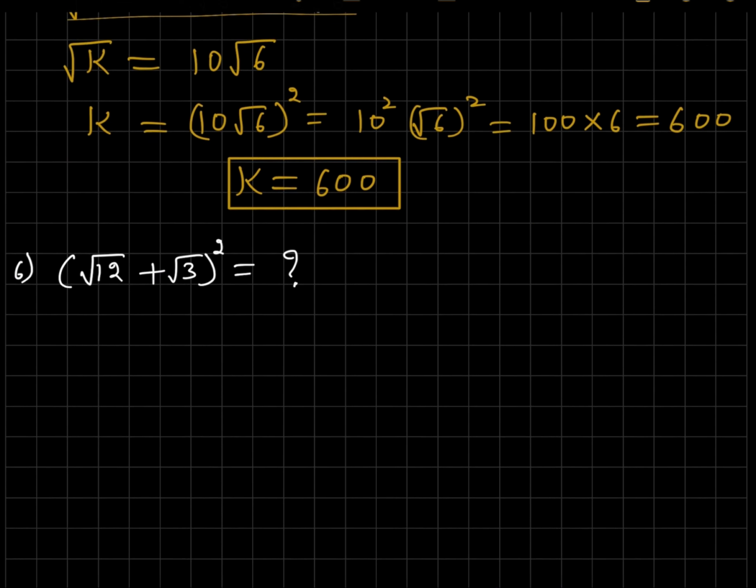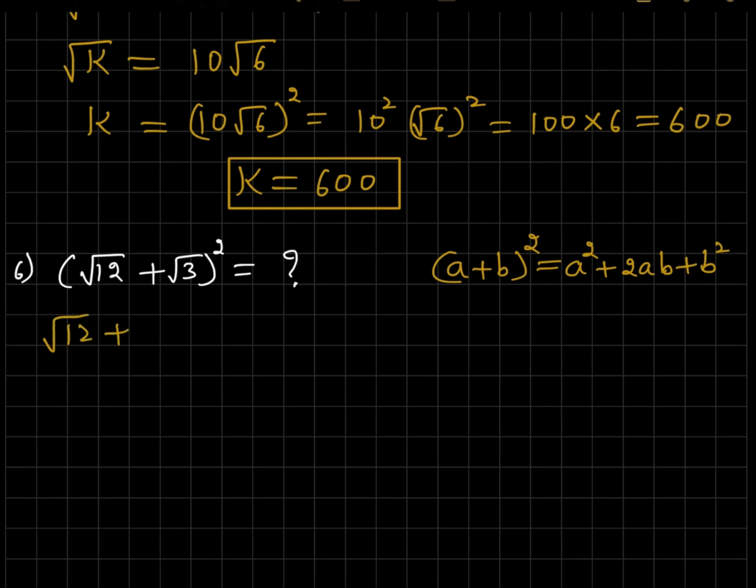They are asking to square this particular number under radical sign. So we have to simply use a plus b whole squared is equal to a squared plus 2ab plus b squared. This identity we have to use, or you can say that we have to do square root of 12 plus square root of 3 multiplied by square root of 12 plus square root of 3.